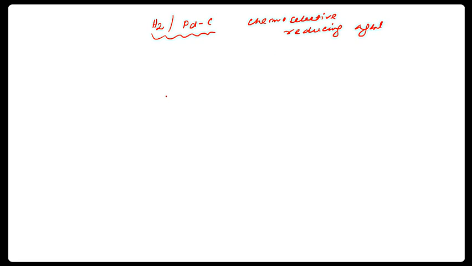Now we come back to our normal examples and slowly go deeper and deeper. So H2/Pd-C is basically a chemoselective reducing agent. Why chemoselective?